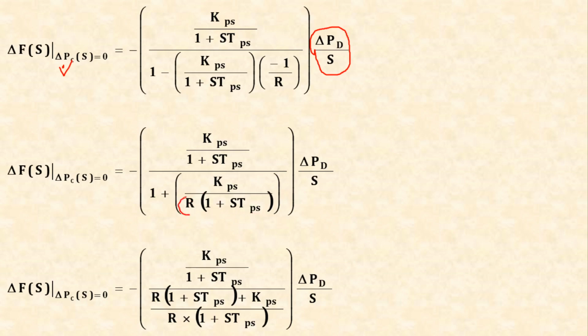Now we will take R into 1 plus S Tps as our LCM. So this term multiplied with 1 becomes R into 1 plus S into Tps plus this Kps value as it is, whole divided by this LCM R into 1 plus S into Tps.